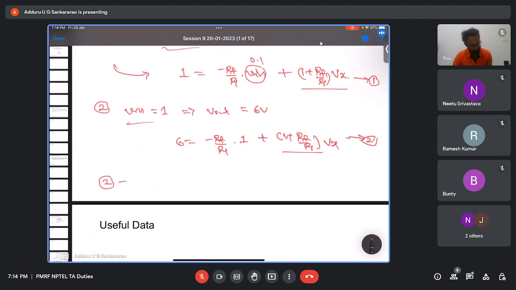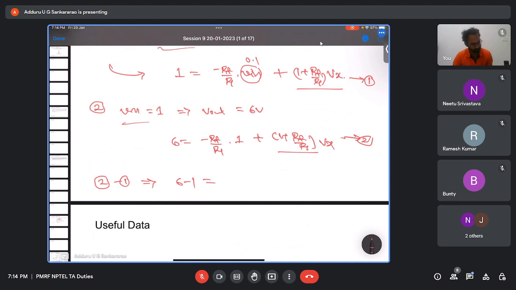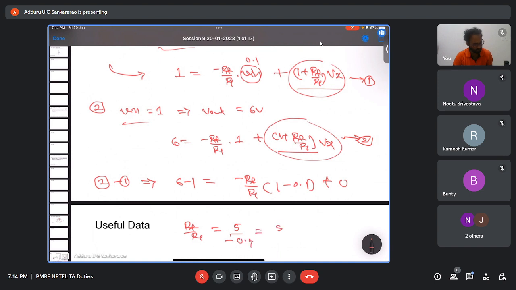Equation 2 minus equation 1: 6 minus 1 equals minus Rf by R1 into 1 minus 0.1, plus these two quantities which are the same, so they get cancelled. So we get Rf by R1 equal to 5 by minus 0.9, or 50 by 9, that is 5.55 something.